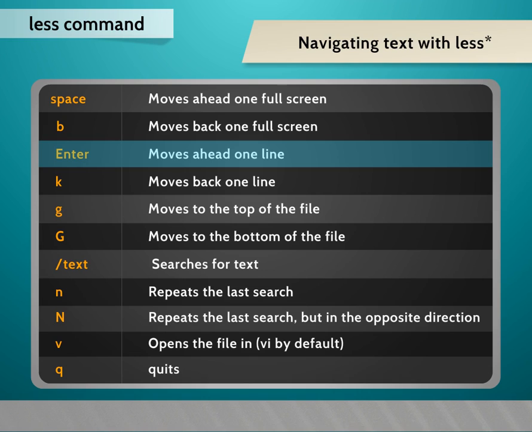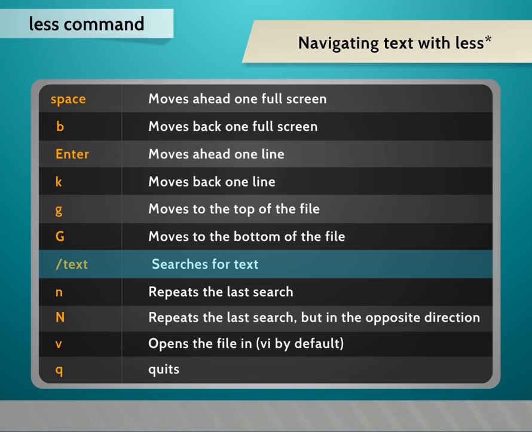Enter moves ahead one line. k moves back one line. Small g moves to the top of the file. Capital G moves to the bottom of the file.